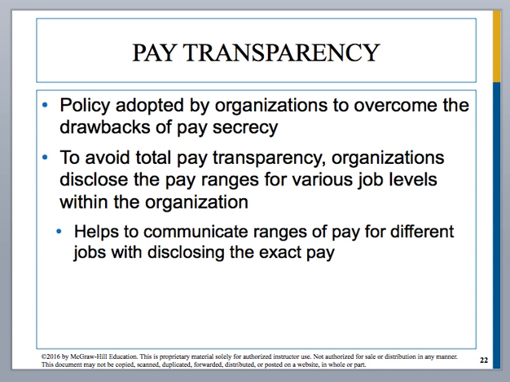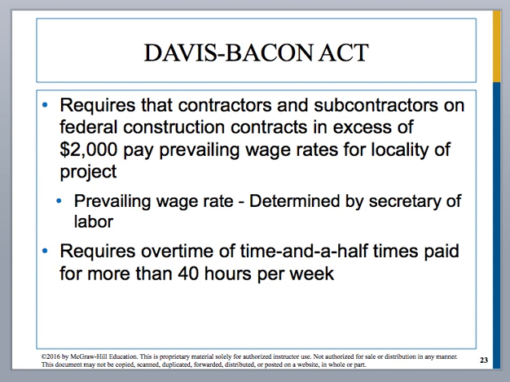This will help to communicate ranges of pay for different jobs without disclosing the exact pay. So that way you know that you fall within the range. So then at that point you can kind of guess why you're being paid more or less than someone else, but not necessarily. It's not always that clear.